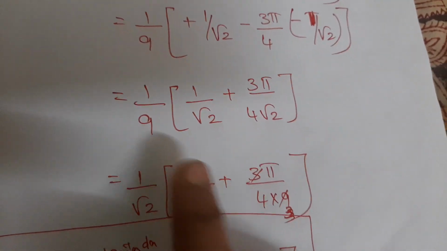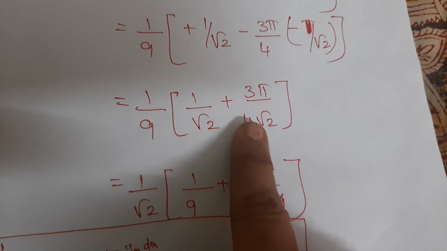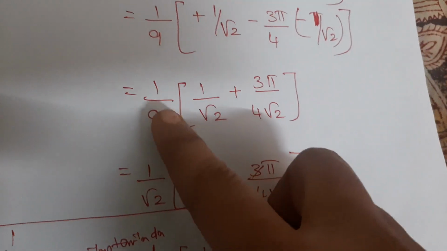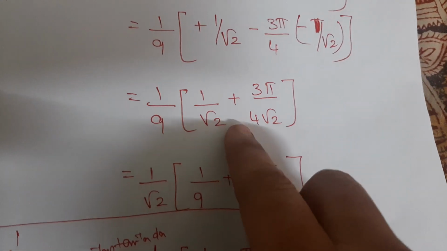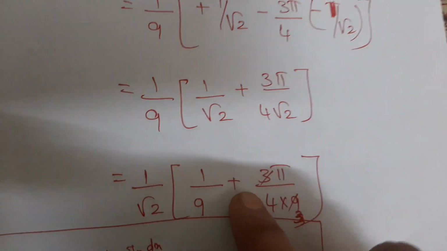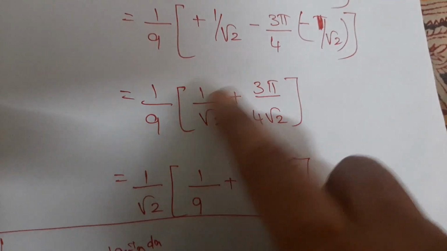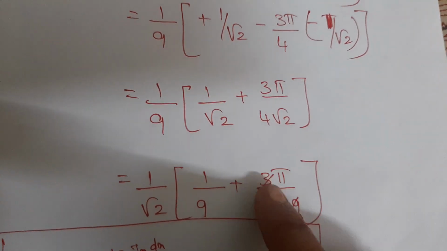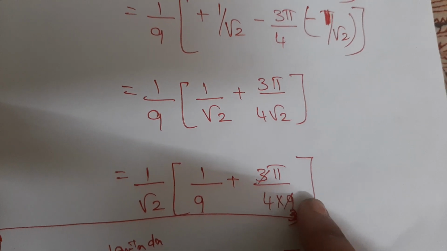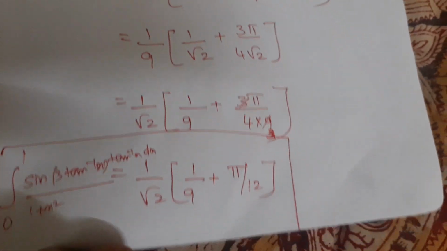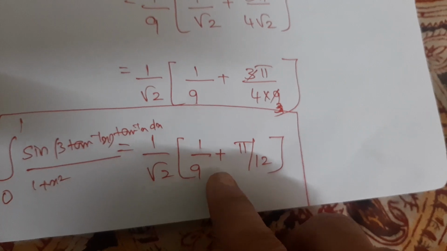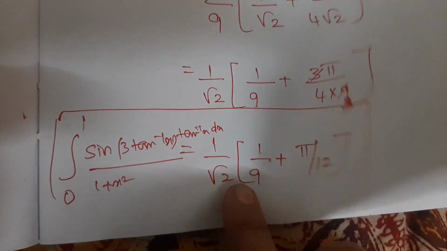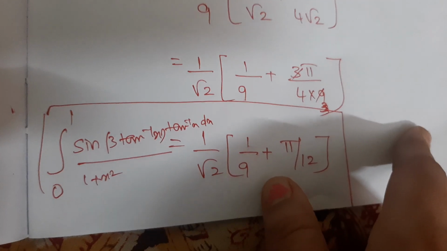I am bringing this 9 inside because of the book answer, so that this 9 and 3 can be cancelled. So 3 pi by 4 into 9, the 3 times can be cancelled: 1 by root 2 into 1 by 9 plus pi by 4 into 3, that is 12. So this will be the answer using Bernoulli's formula.